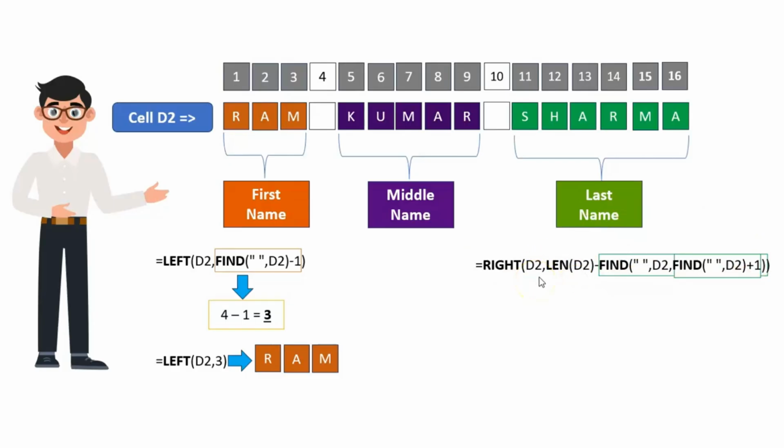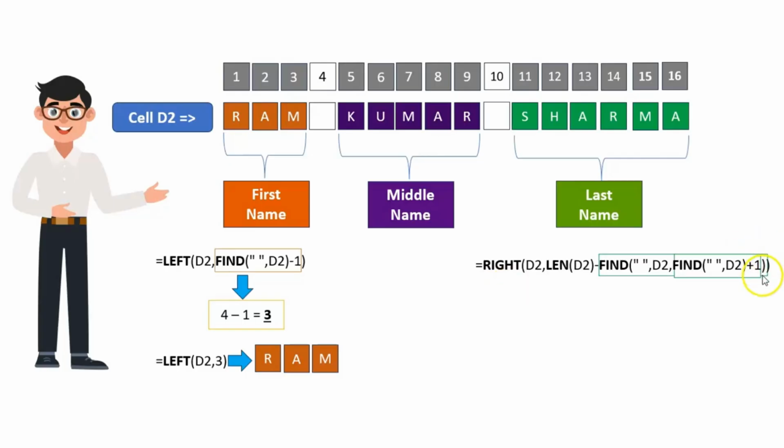The first argument is the input string from which the extraction will happen. The second argument is the number of characters that we need to extract from the end of the input string. To have a better understanding of the working of this formula, let us follow the step-by-step execution approach.